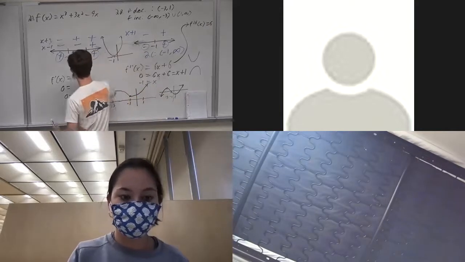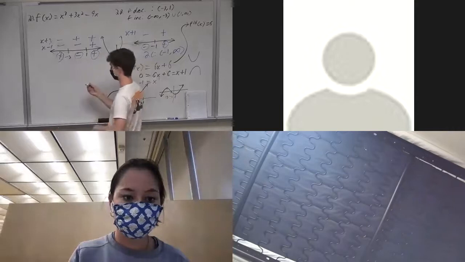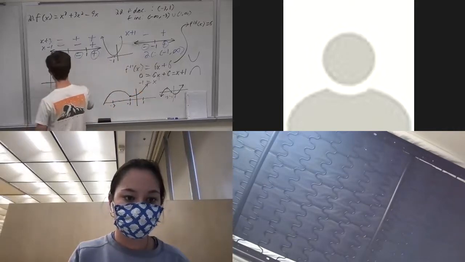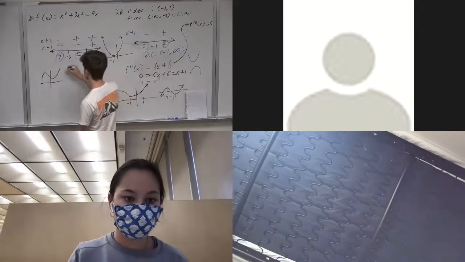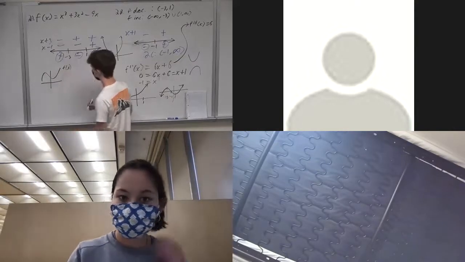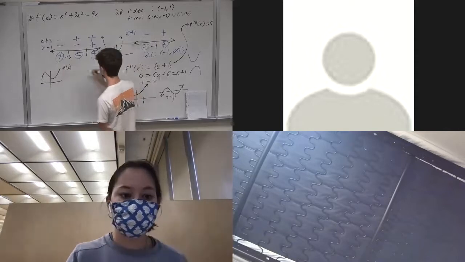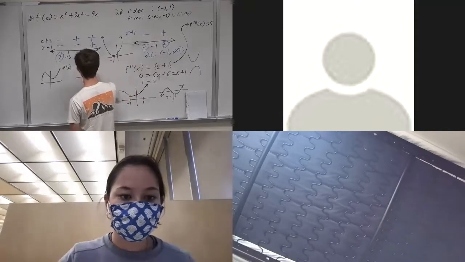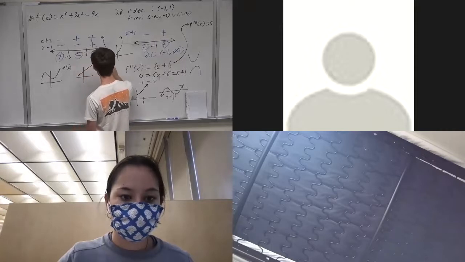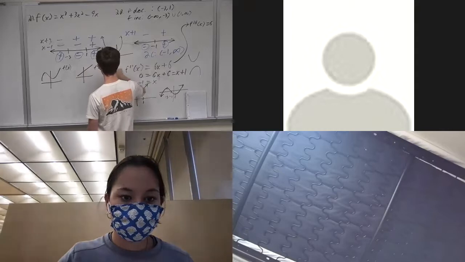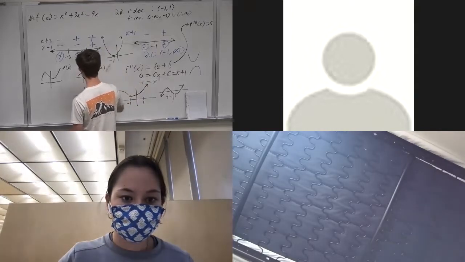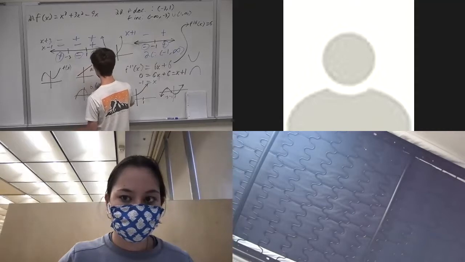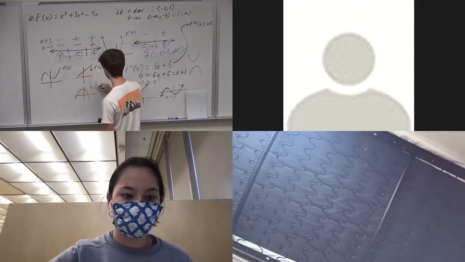Say I have this graph looking like this, and that's f of x. Then you can be given a bunch of different choices for f prime of x. This is like a, this is like b, or something like that. Is that what you're talking about? Yeah.